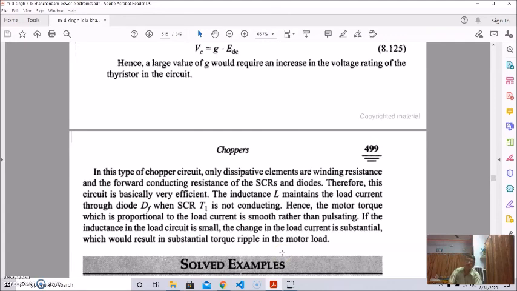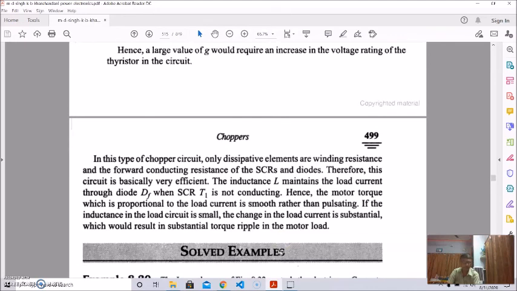With this we conclude our discussions on DC choppers. The Jones chopper was the last concluding part of the DC choppers as mentioned in your syllabus.